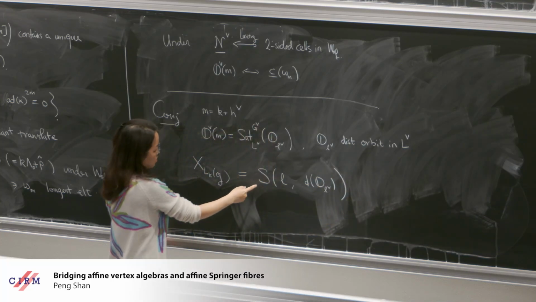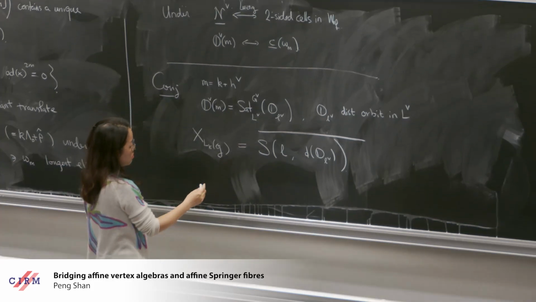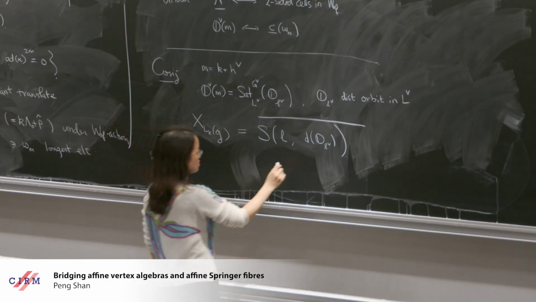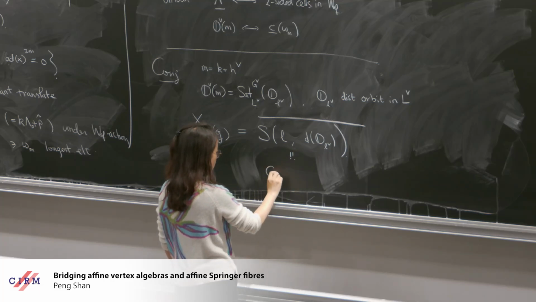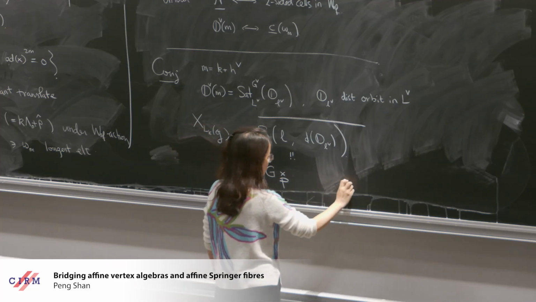Take the closure. What this notation means, in other words, is that you just consider the map from G cross P of the Lie algebra with the action to g.